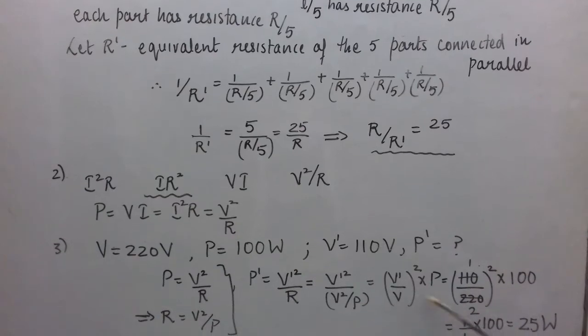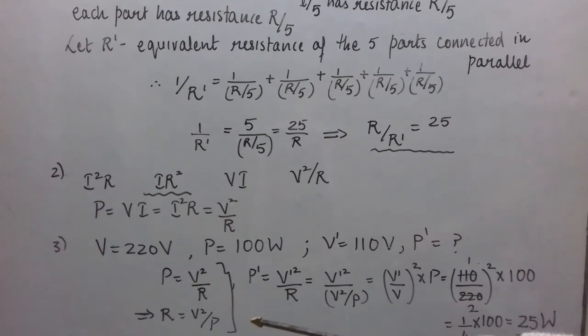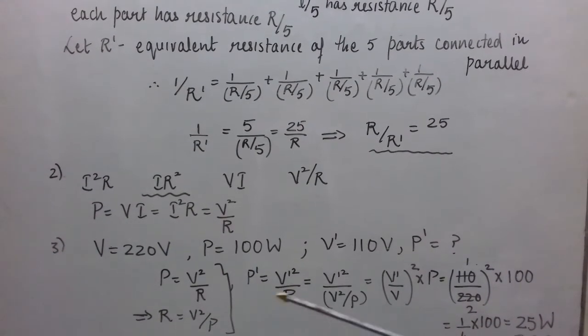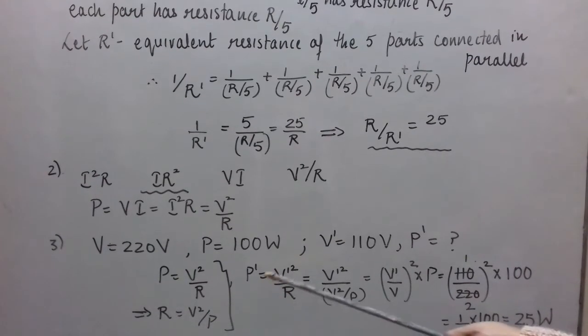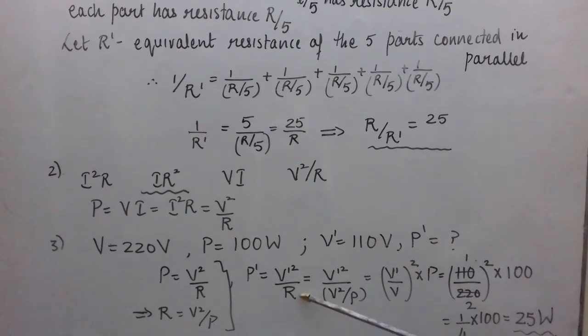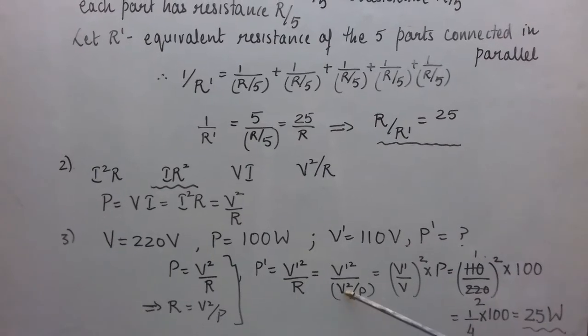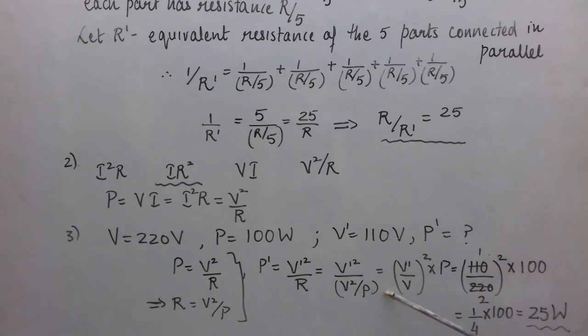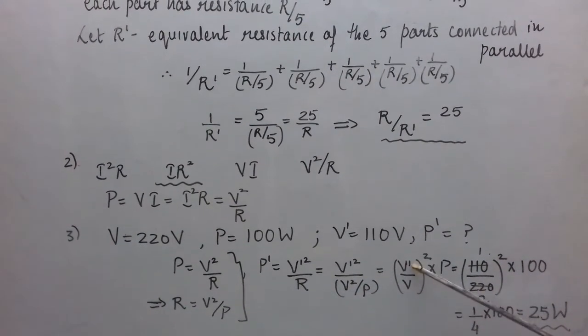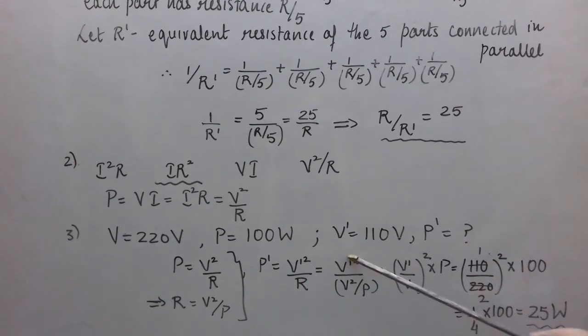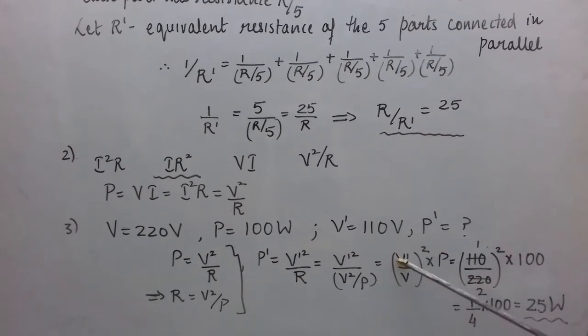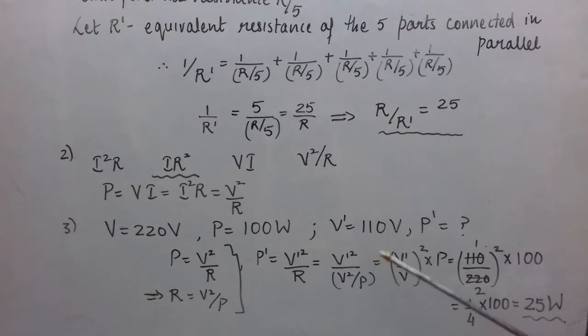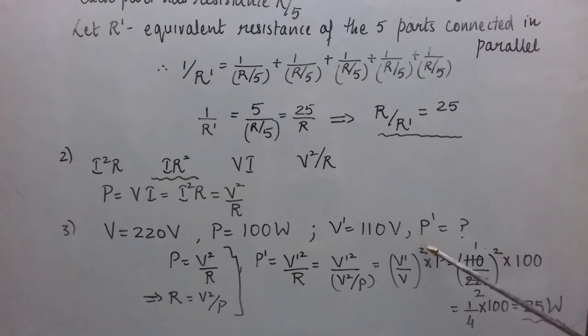But what I have done, I have not found out the value of R. I have instead substituted in P dash is V dash square over R, for R I have put V square upon P. After simplifying, we get V dash square upon V square into P. So V dash over V I have taken common, I mean inside the bracket, square I have removed out.